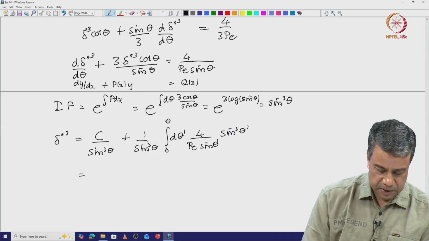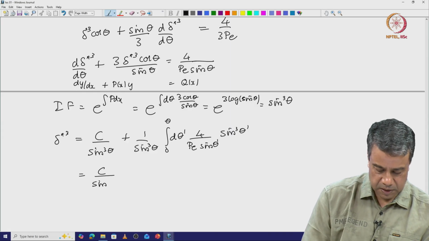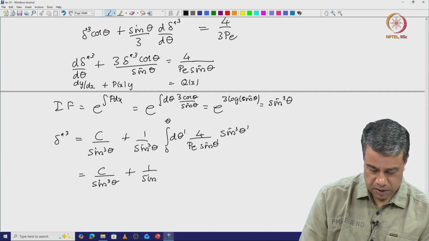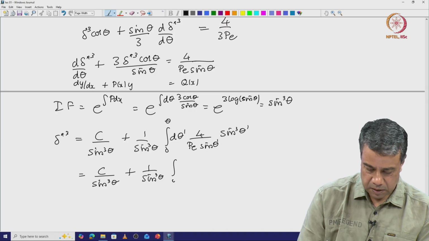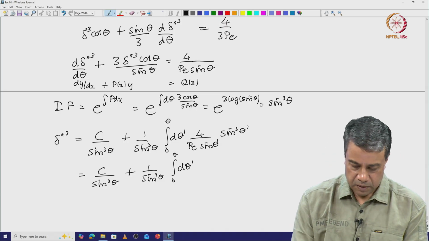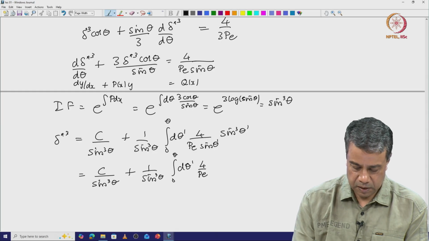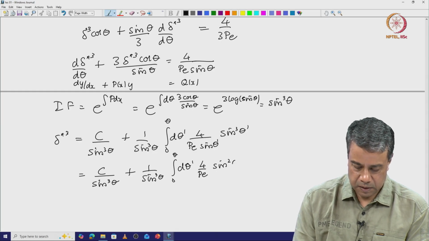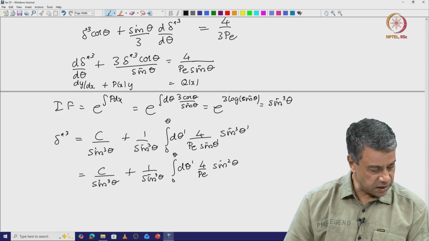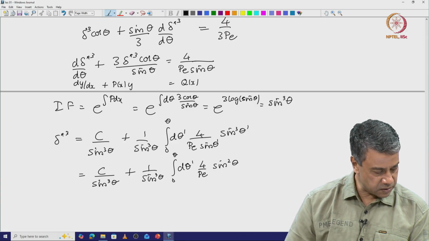Which will be c by sin cubed theta plus 1 by sin cubed theta integral 0 to theta d theta prime into 4 by Pe sin squared theta prime. Sin squared theta is basically half of 1 minus cos 2 theta.